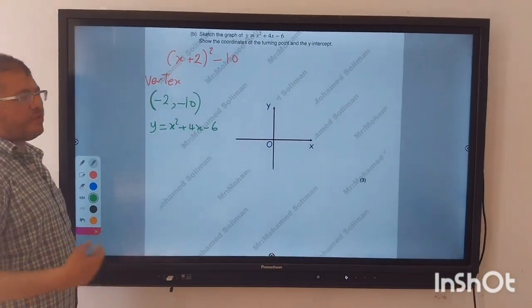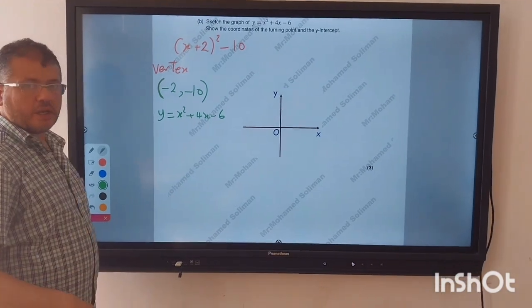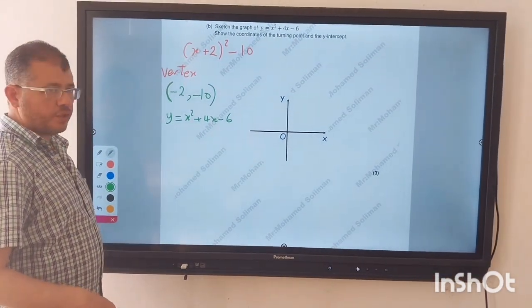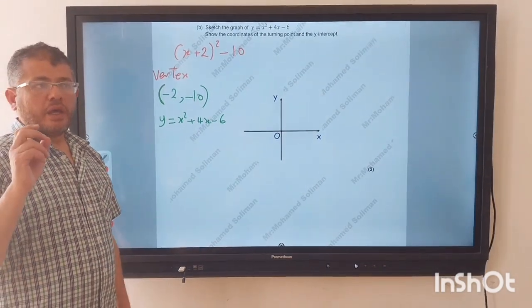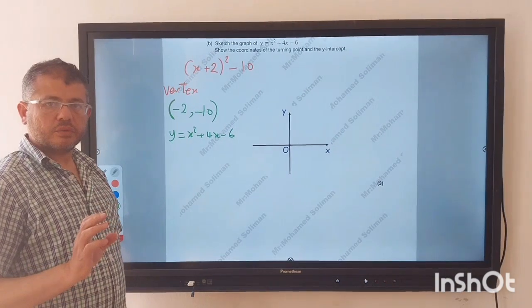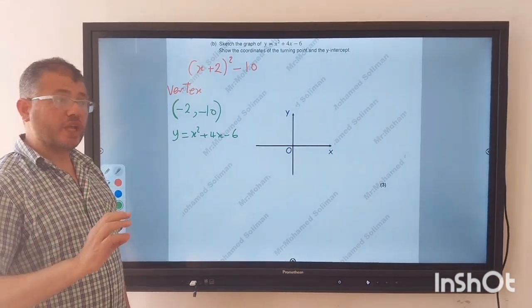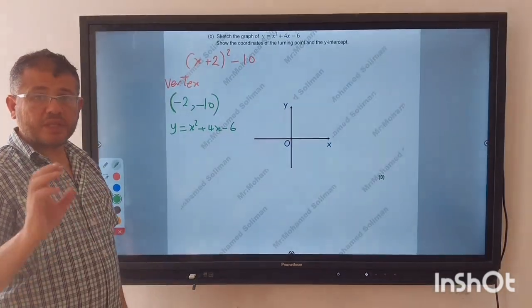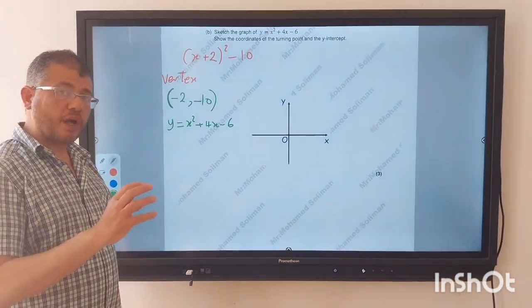But in another way, if I don't know this represents the y-intercept, how can I do it? If I ask you in the exam to find the y-intercept, you have to substitute x with the value of 0. Exchange or change x to be 0. If I ask you to find the x-intercept, put y equal 0.